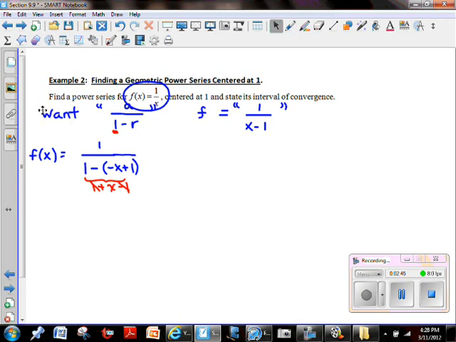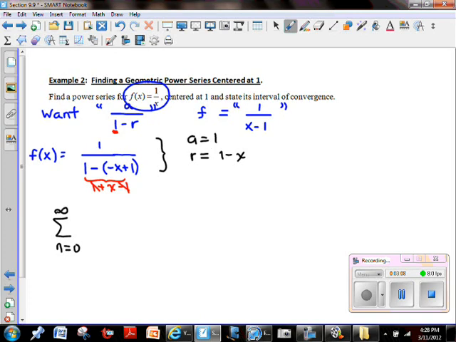We've got a representation where we can quickly and easily identify our value for a, which is 1, and our value for r, which you could call negative x plus 1, or you could swap things around and call it 1 minus x. I think that's what I'm going to do. And then we can write our power series like this.